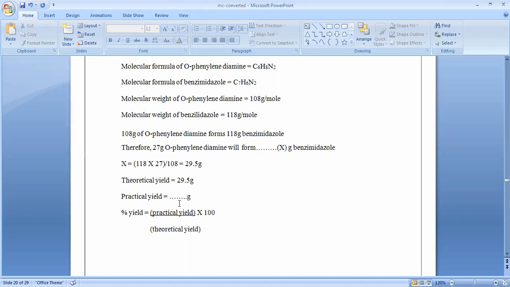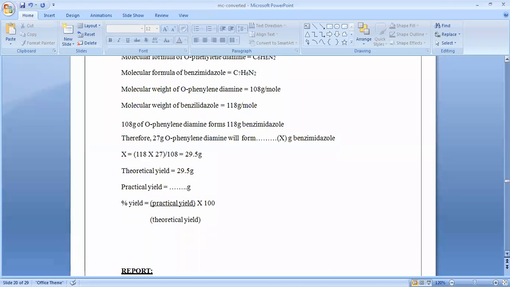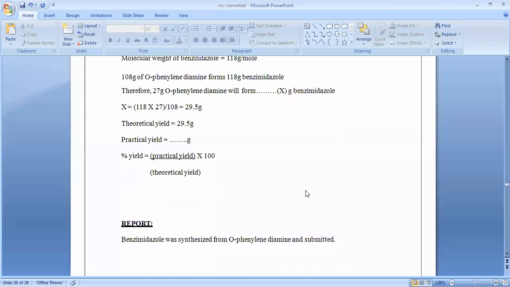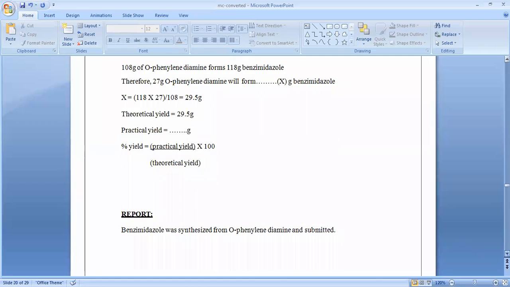Suppose for example 20 grams we have synthesized. So 20 grams divided by 29.5 grams multiplied by 100, and whatever result we get, we have to report as the percent yield of benzimidazole. So we are going to submit the result in this way.